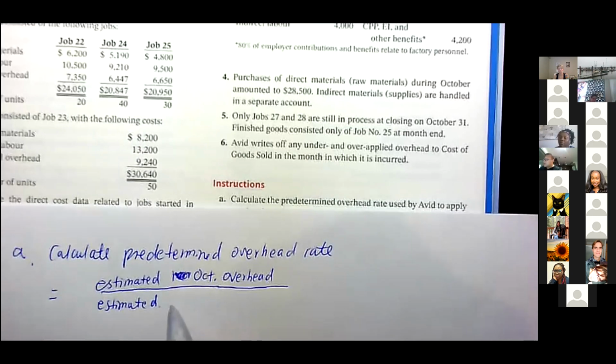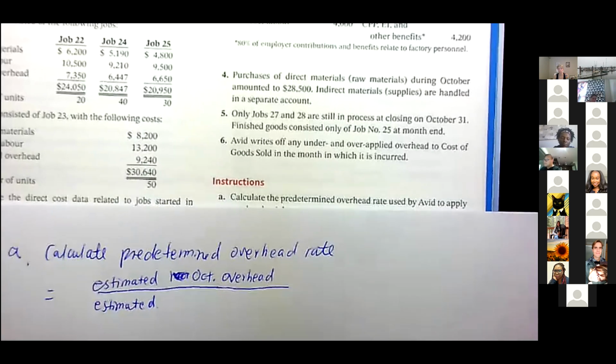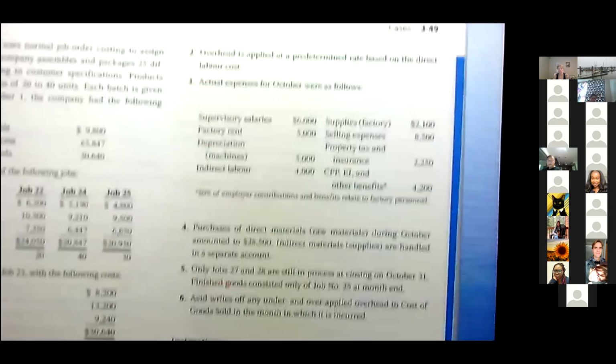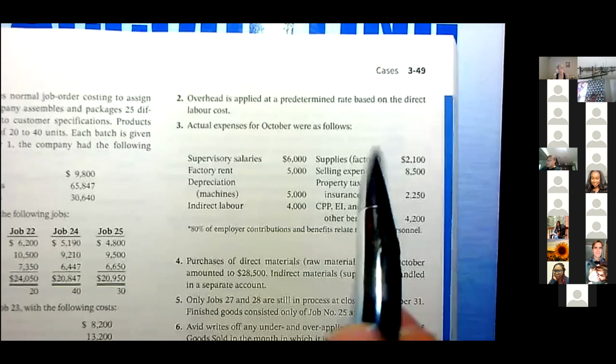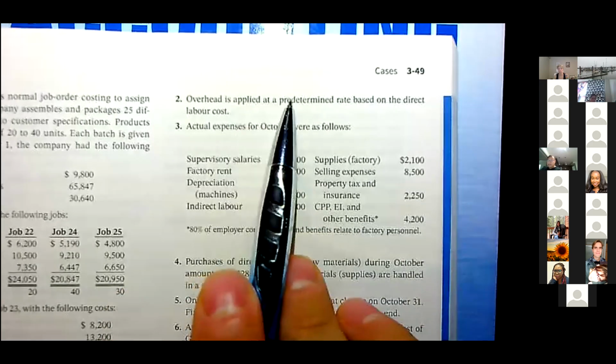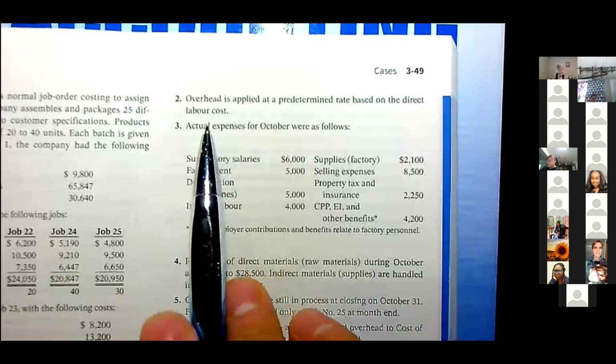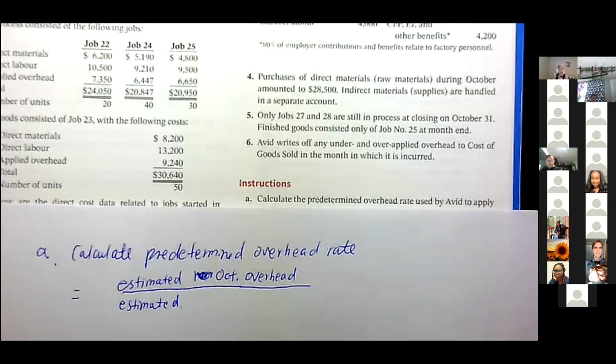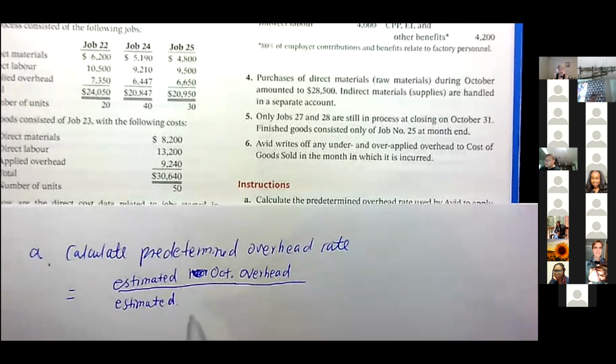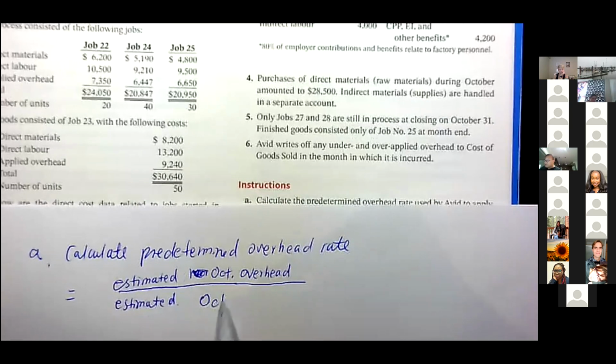What is the operating activity selected? Direct labor. Overhead is applied at a predetermined rate based on the direct labor cost. So here, we are going to use the estimated October direct labor cost.